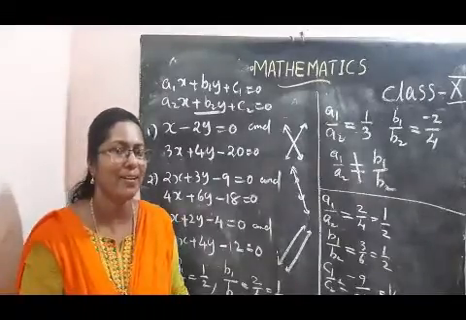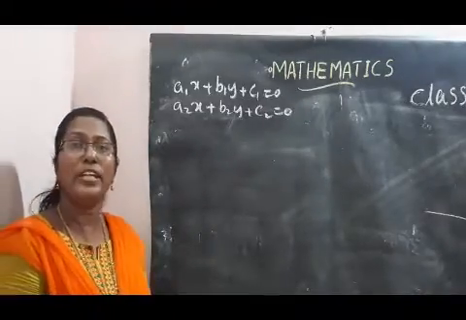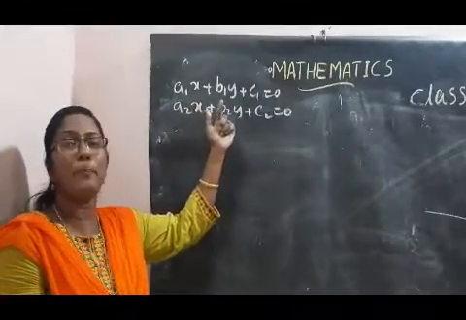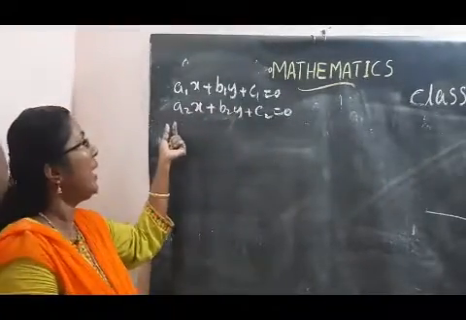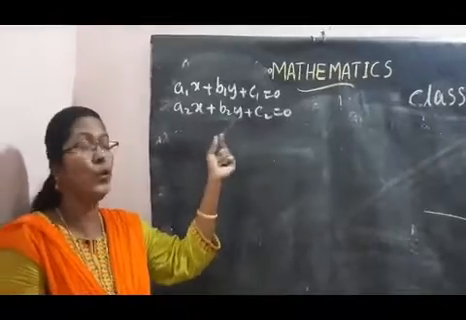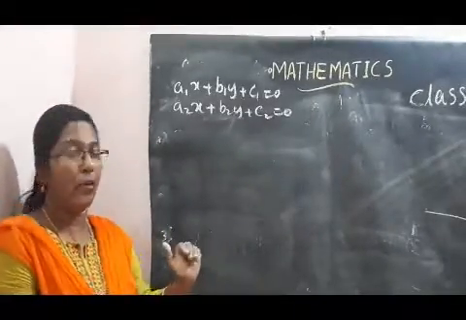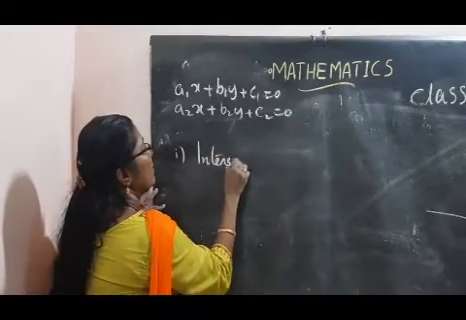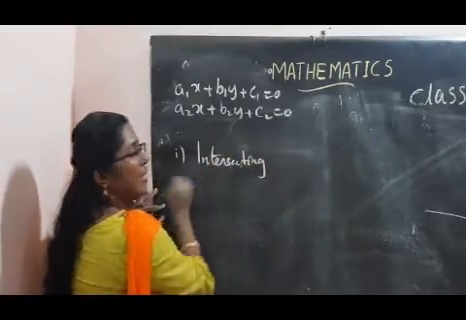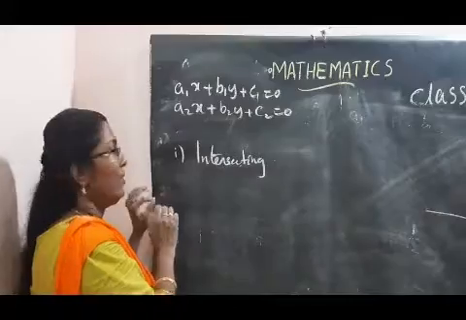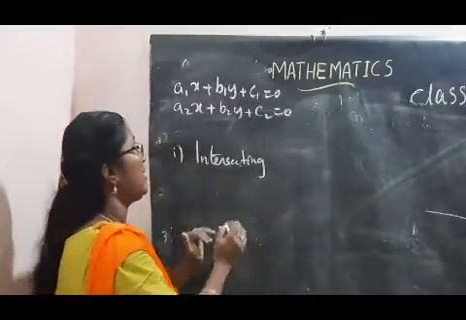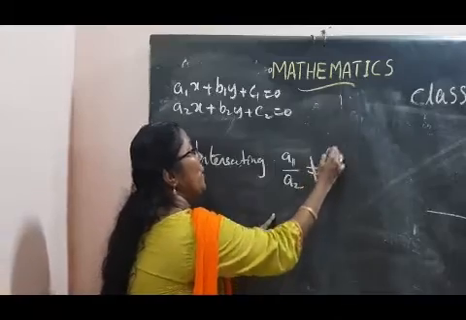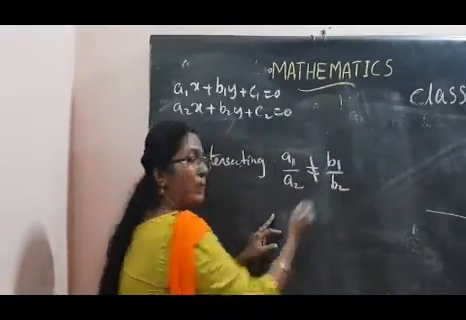Is it clear? The general form of a pair of linear equations in two variables is a1x plus b1y plus c1 equals 0, a2x plus b2y plus c2 equals 0. First case, intersecting: the condition is a1 by a2 not equal b1 by b2.